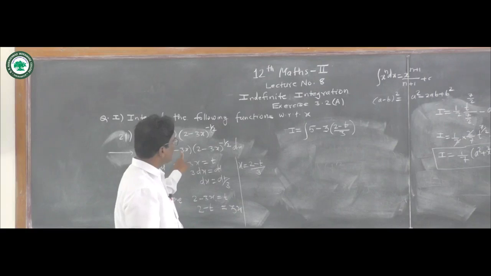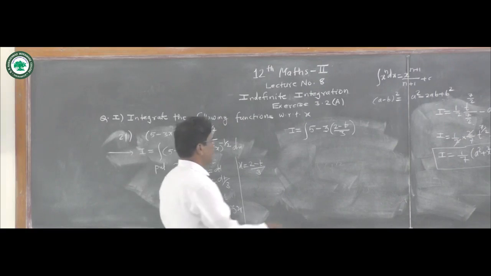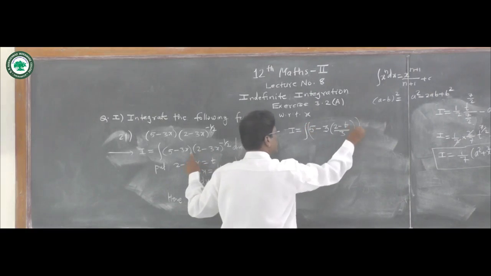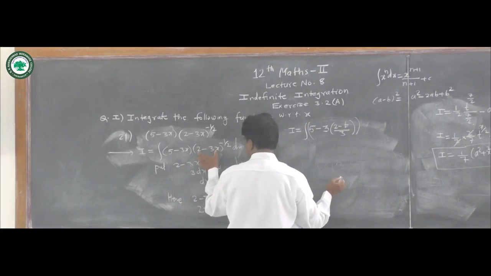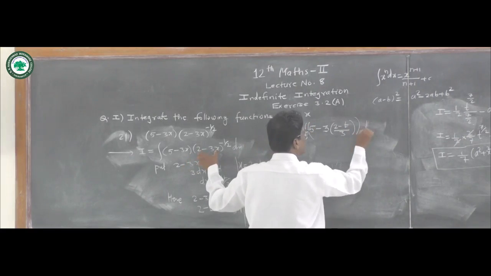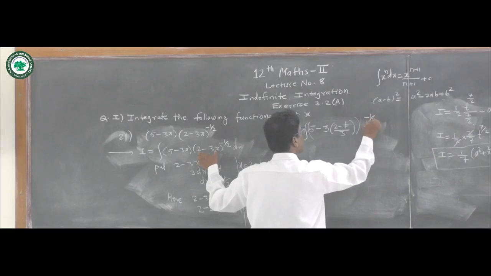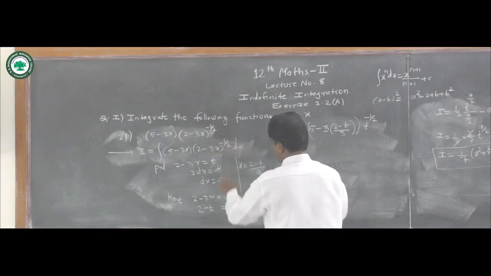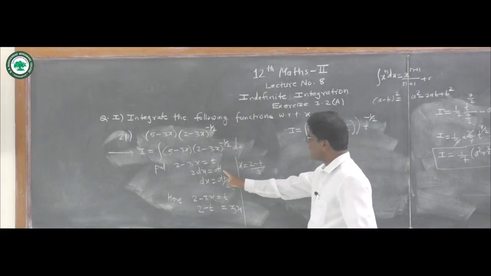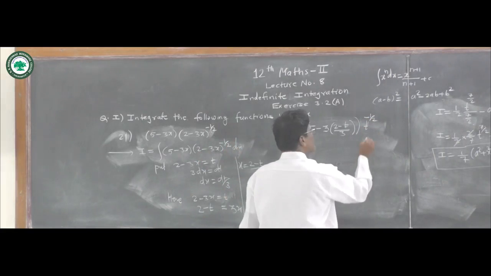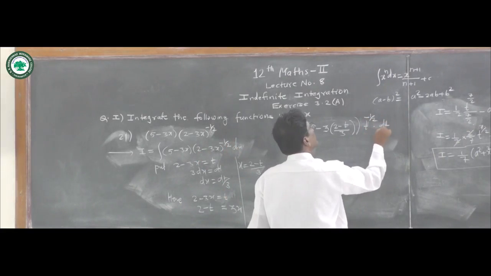So 5 minus 3x. And now here this 2 minus 3x, we put that as a t. So t to the power minus 1/2. And now replace this dx. We replace this dx by dt upon 3. So it is dt upon 3.